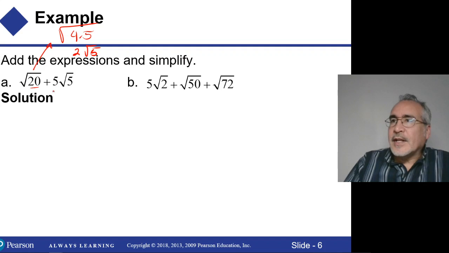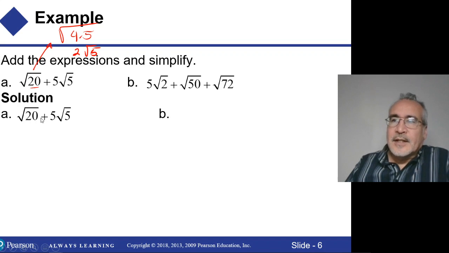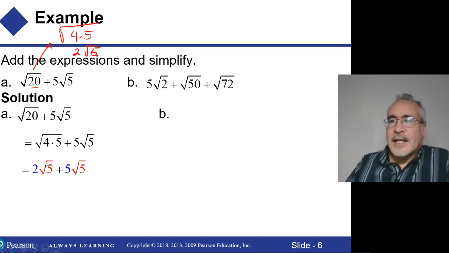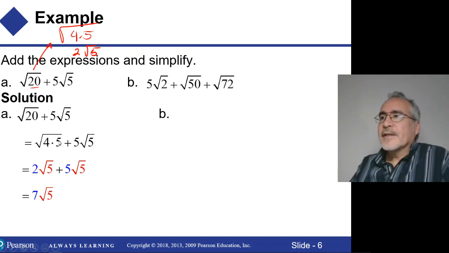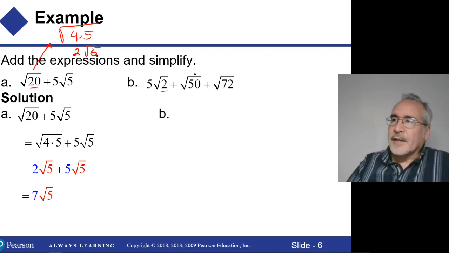So that's going to be 7 square root of 5. So first thing is break this down into 4 times 5. There we go. Now it's going to be 7 square root of 5. Over here we got 3. Notice it's a square root of 2 is really what we're looking for. 50 is not too bad to see. That's 25 times 2.